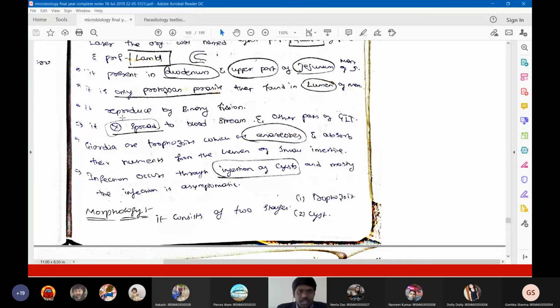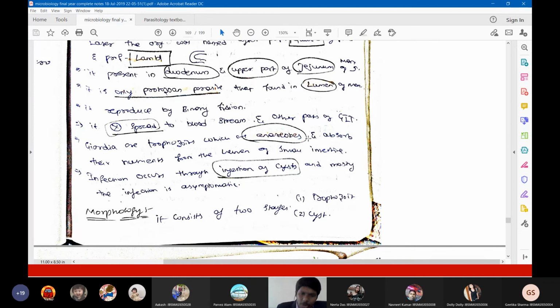Anyway, then what we have, this trophozoite, the Giardia lamblia, will reproduce by binary fission, as I said, and it does not spread through the bloodstream. It won't cause any blood infection such as our Entamoeba histolytica. Entamoeba histolytica will cause extraintestinal infection, but our Giardia lamblia cannot. Also the trophozoites are anaerobic in condition.